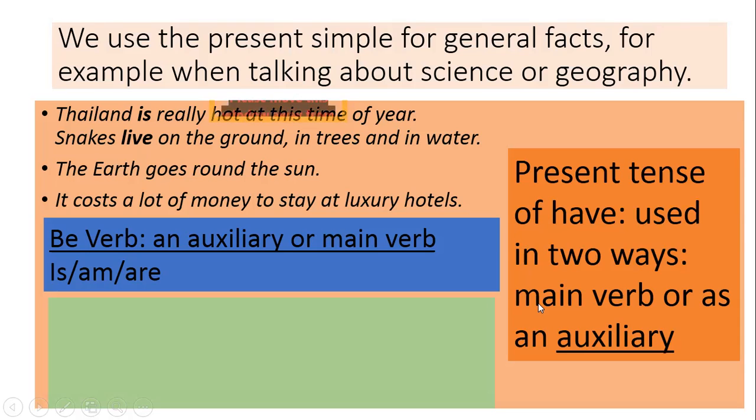When have or has is used in present simple as a main verb, it always shows possession. Whereas when it is used as an auxiliary, it is used to show the different forms of tense.